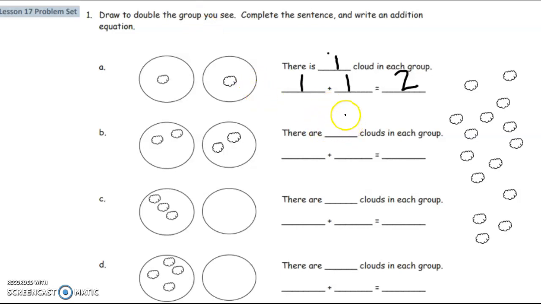Yes, there are two clouds in each group, and our equation for this one is 2 plus 2 equals 4.